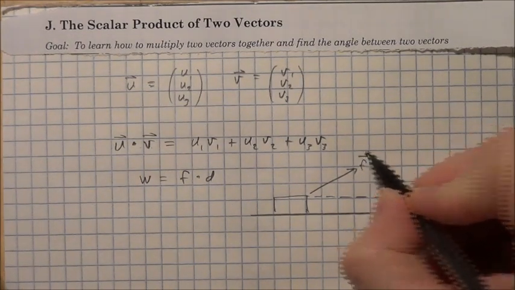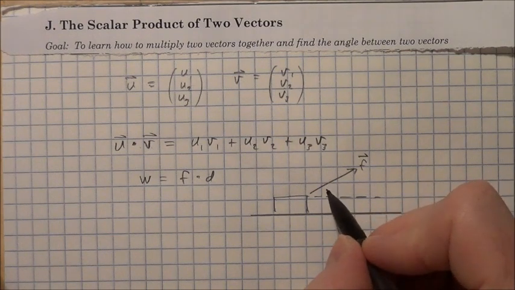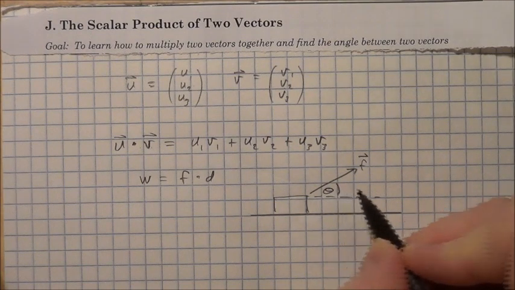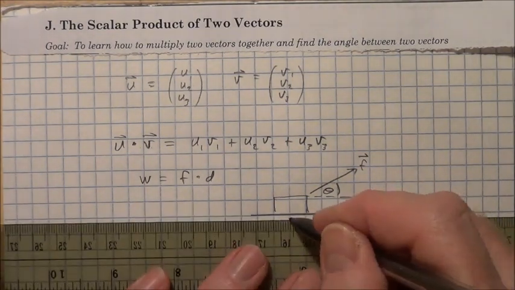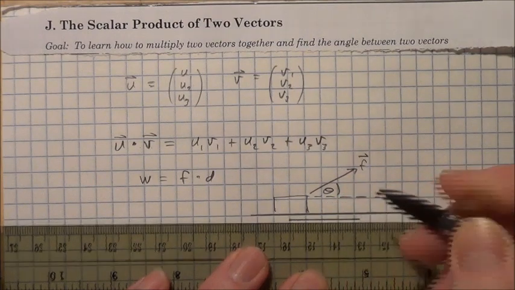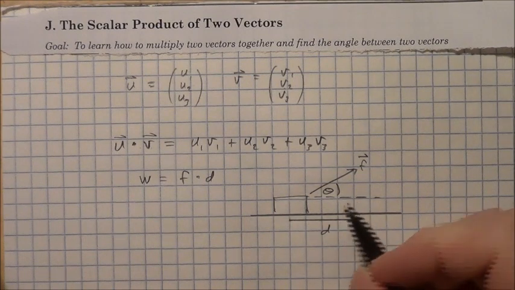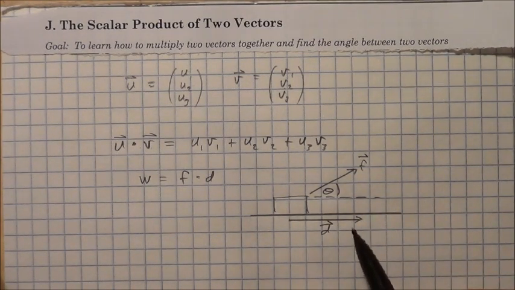So the force vector, there's a vector there, it sometimes is not parallel to the direction of movement, and so there's some sort of angle theta, and the distance traveled is going to be along the surface.